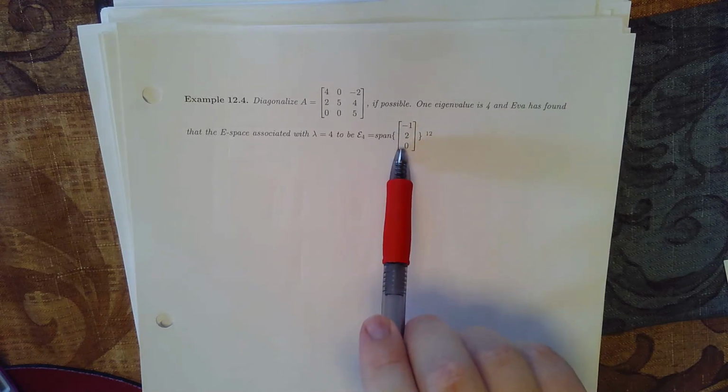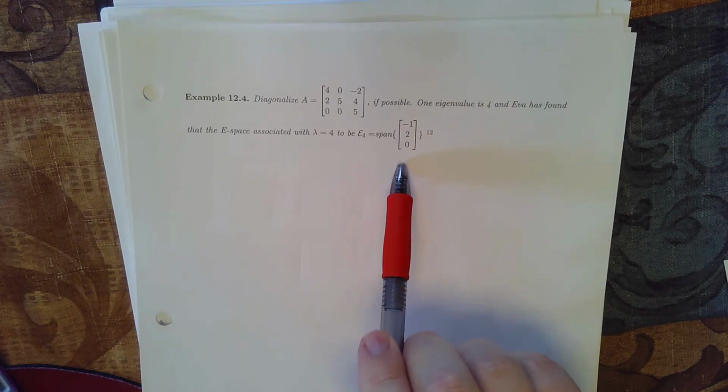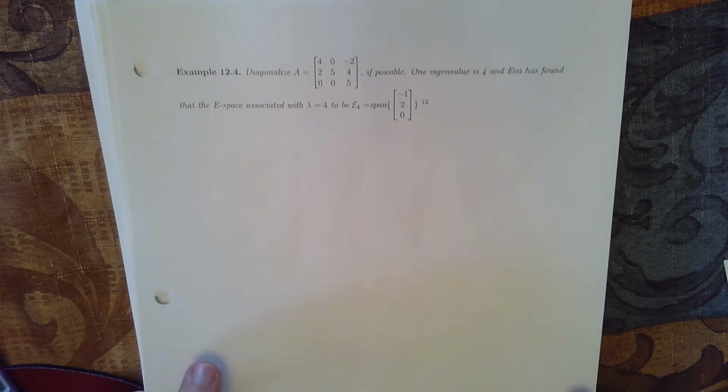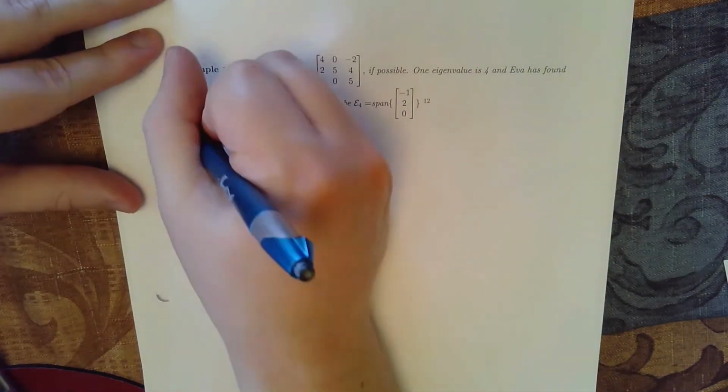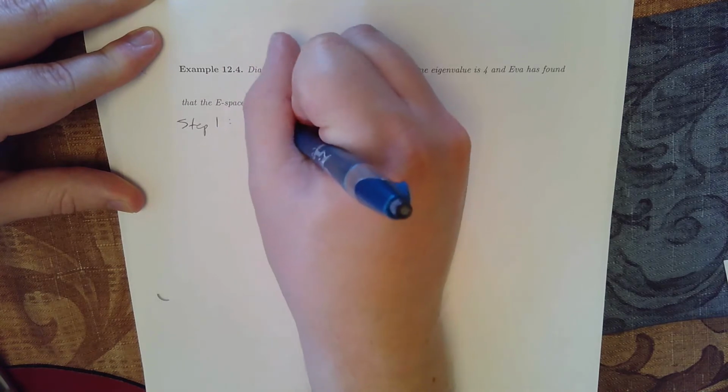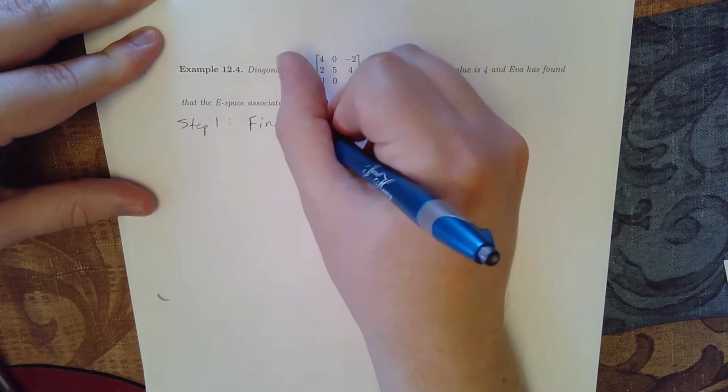We're told one of our eigenvalues is 4, and its basis is the span of (-1, 2, 0). So our first step, if we want to go through the whole process of diagonalization, is to find our eigenvalues.